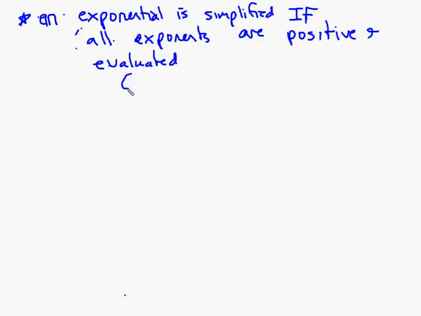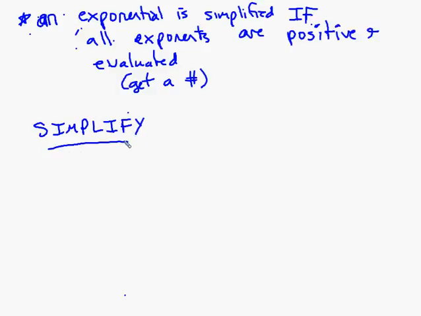Evaluated means if you can, you get a number. If you hear what I'm saying, often what I'm saying is exactly what I'm writing. So an exponential is simplified if all the exponents are positive and evaluated. So we are going to simplify, not solve. We are not solving because we don't have equations. So we're going to simplify this one.